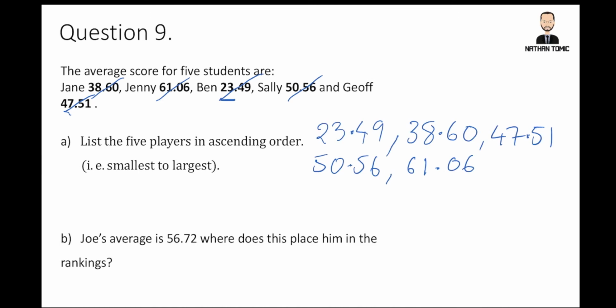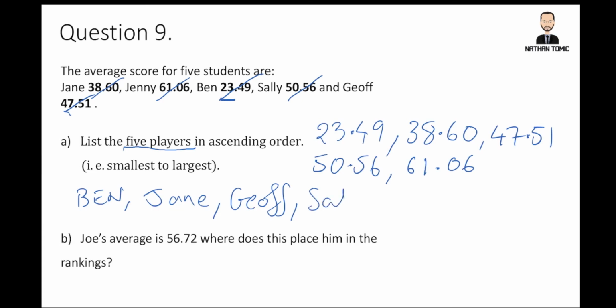So we've got them now in order, but the question actually asks us to list the 5 players. So technically now I need to put the names in order. So what I have is the order of the scores, so I'll just compare them. So the 23.49 was Ben, so the first person would be Ben, followed by Jane, followed by Jeff, followed by Sally, and then followed by Jenny.